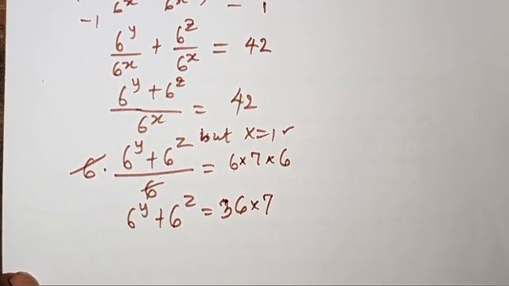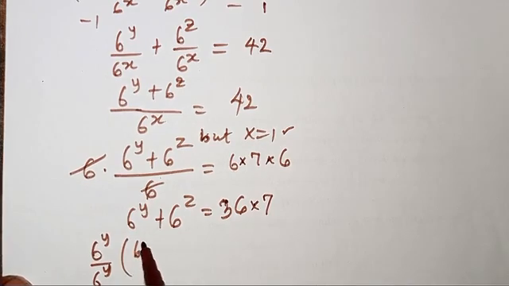So now from there, what are we going to do here? From the left hand side here, I can set 6 to power y over 6 to power y, into bracket 6 to power y plus 6 to power z. Do you understand?